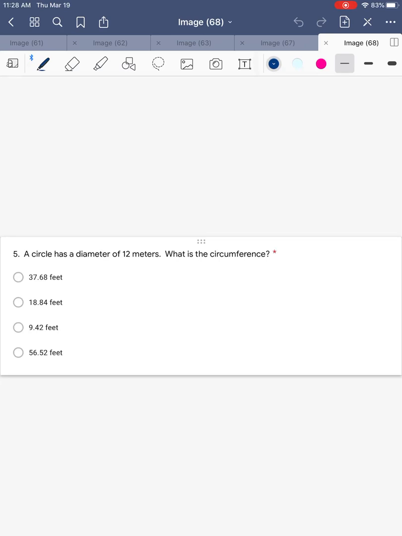And number 5, a circle has a diameter of 12 meters. What is the circumference? So remember, circumference is 2 times pi times the radius. So on this one, let's draw our circle out really quick.